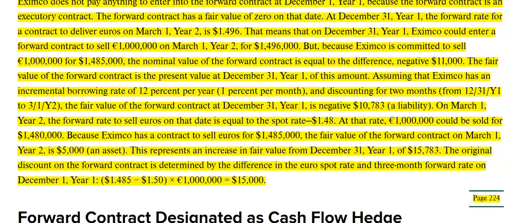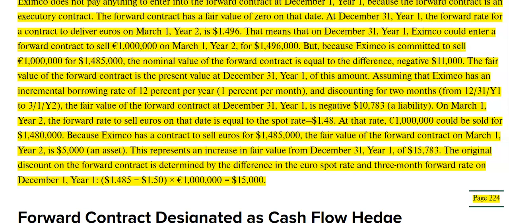But, because X&Co is committed to sell 1 million euros for $1,485,000, the nominal value of the forward contract is equal to the difference, negative $11,000. The fair value of the forward contract is the present value at December 31, year 1, of this amount.